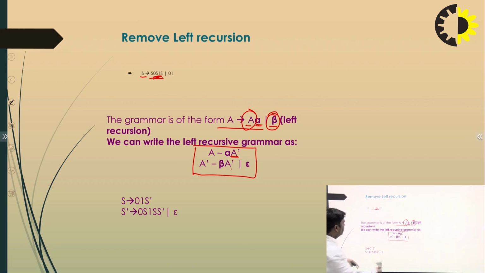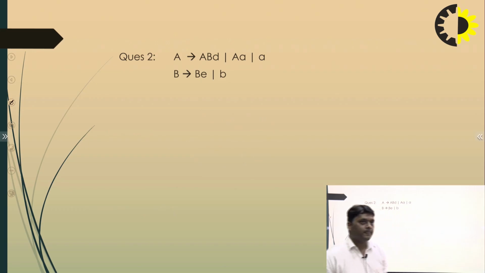Then we write S implies 01 S dash, and S dash implies 0S1 S dash or epsilon. In this way we remove the left recursion from the grammar. This is one example; another example is given in the previous question.